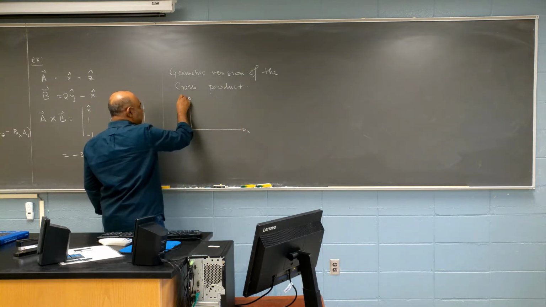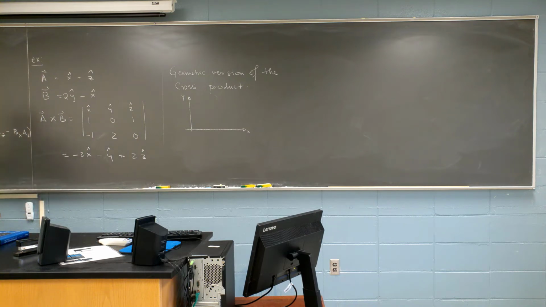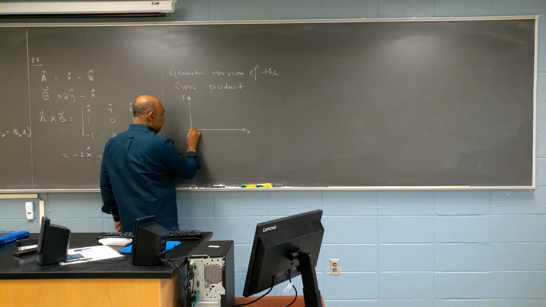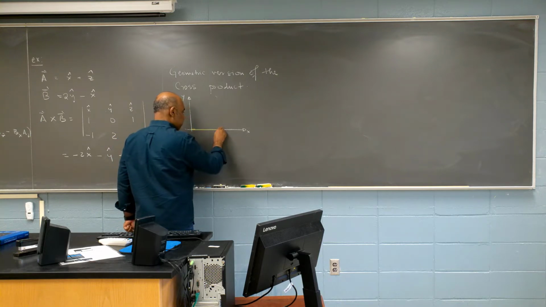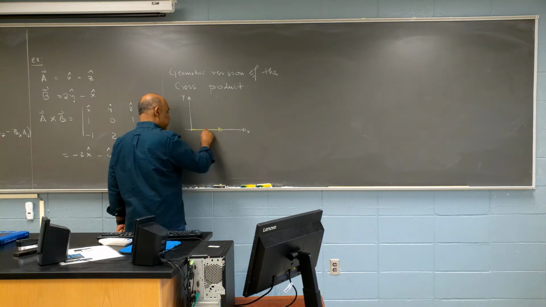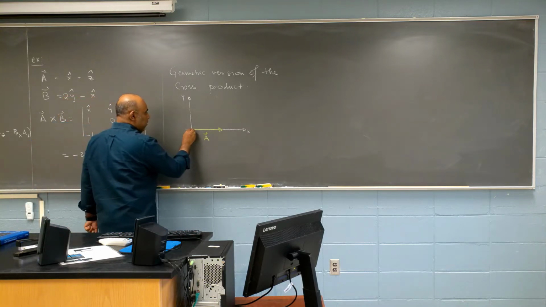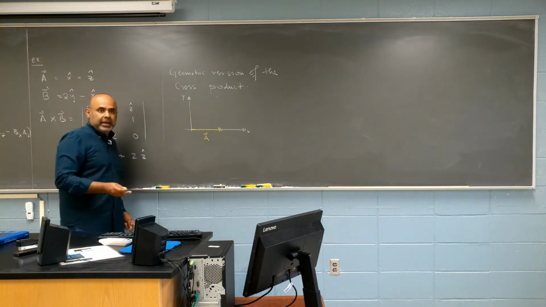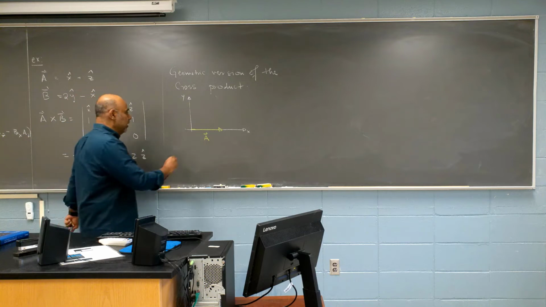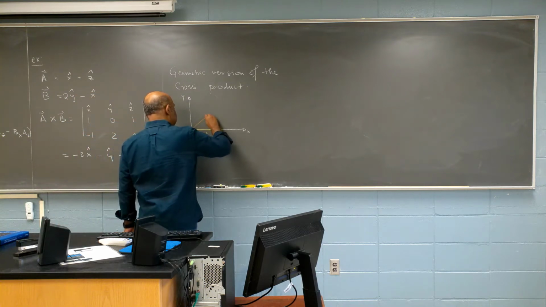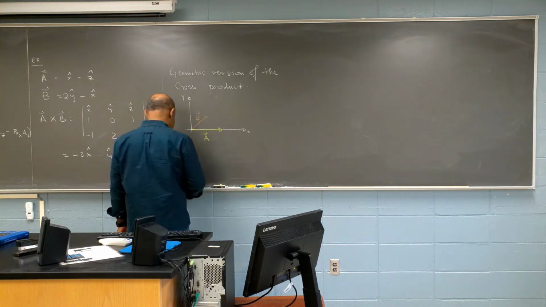For a geometric understanding, I'm going to take the vector A and place it along the x-axis. This is my vector A. And then I'm going to take my vector B. A and B, I know they form a plane. I just picked it to be the blackboard. I don't have to.